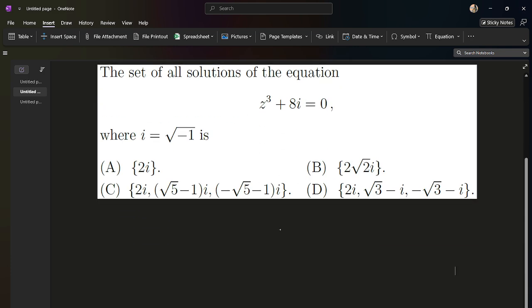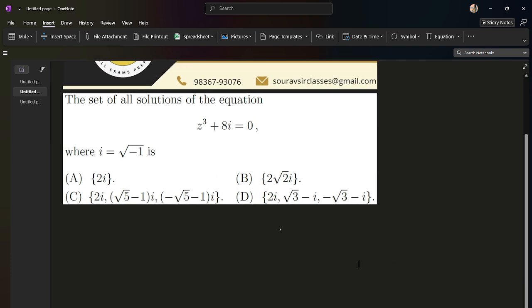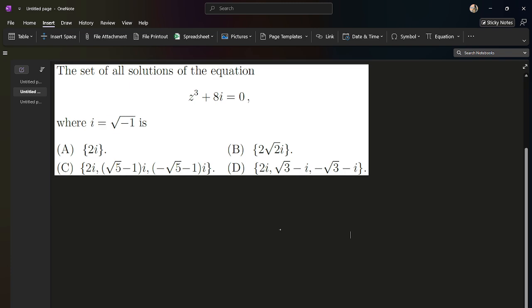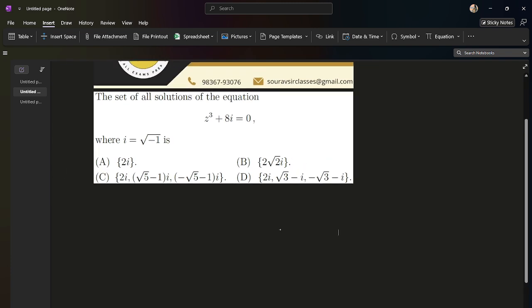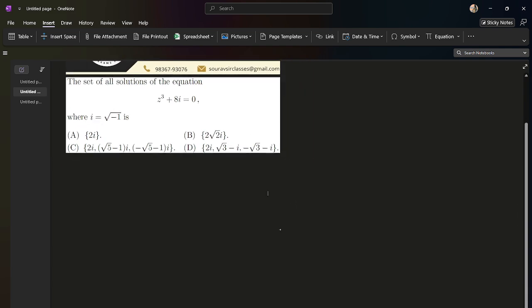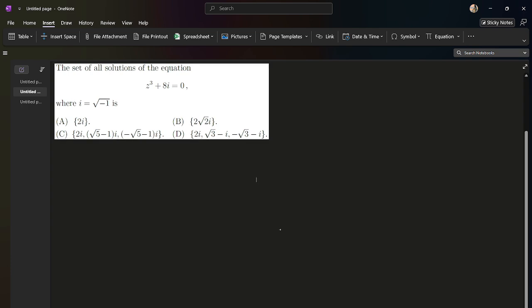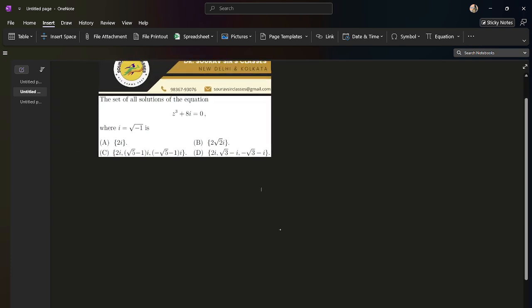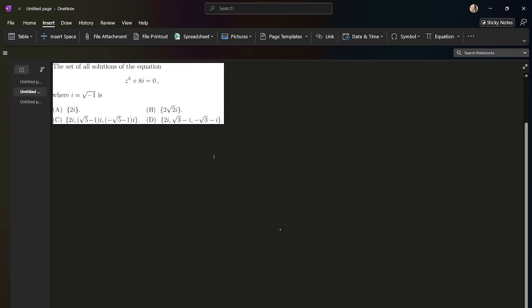Okay, so now we are going to solve a problem which appeared in the ISI MTech QROR MCQ section, and the question is telling us that the set of all solutions of the equation z cubed plus 8i equals 0, where i is equal to root over of -1. Then there are four options.